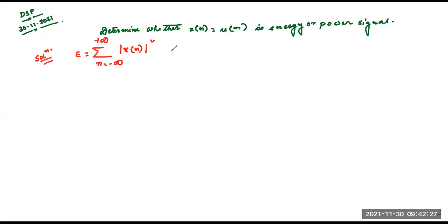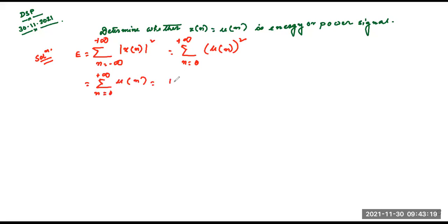That can be written, with the limit changed, as the summation from n equals 0 to plus infinity of u[n] whole square, which equals the summation from n equals 0 to infinity of u[n].